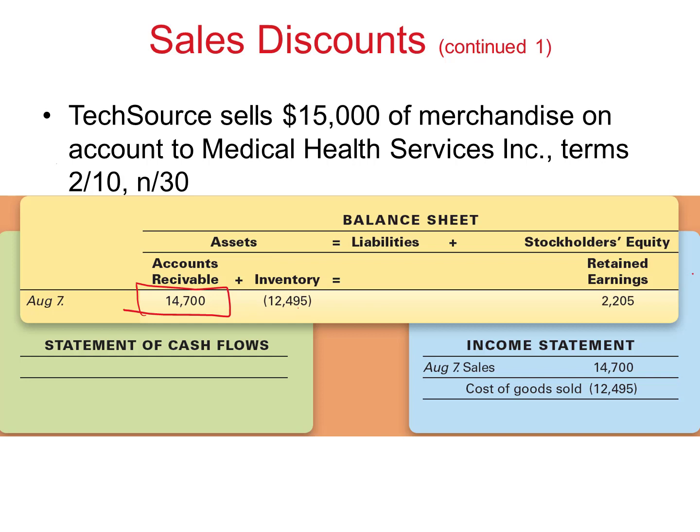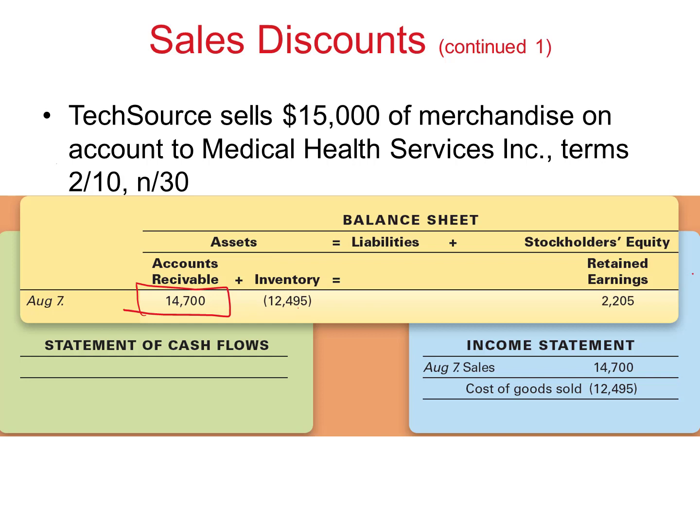In this case, TechSource sells $15,000 worth of merchandise on account to Medical Health Services, and the terms are 2/10 net 30. What we are assuming is that Medical Health Center will take advantage of the discount. Therefore, we are going to record the transaction at the discounted amount.